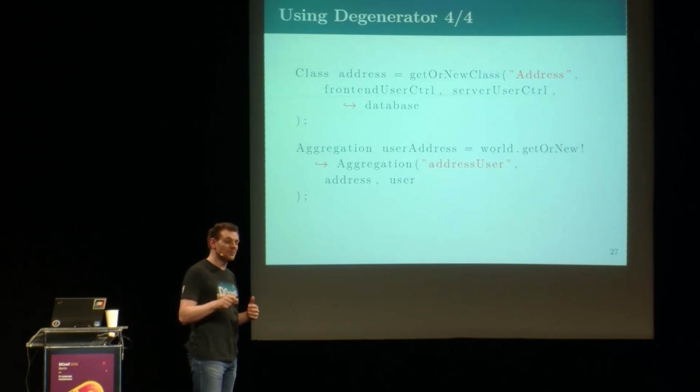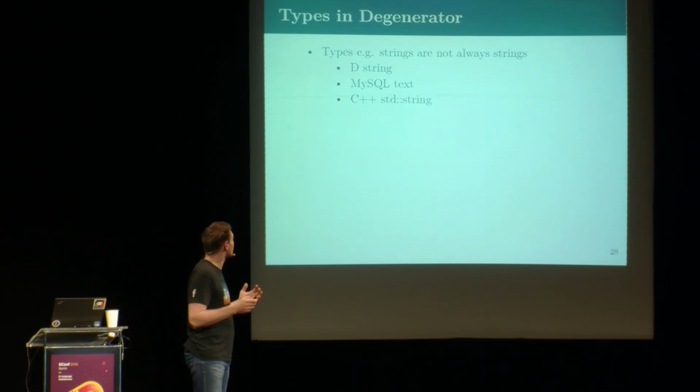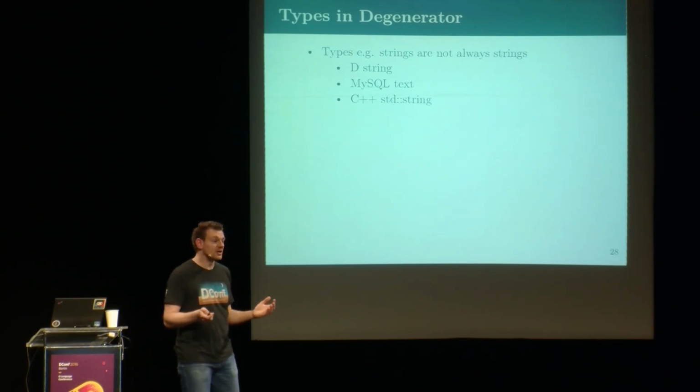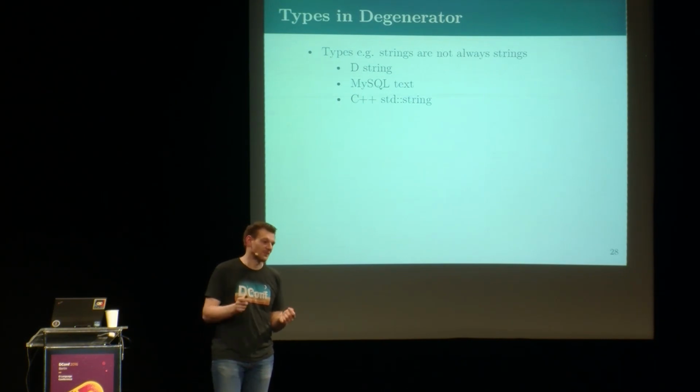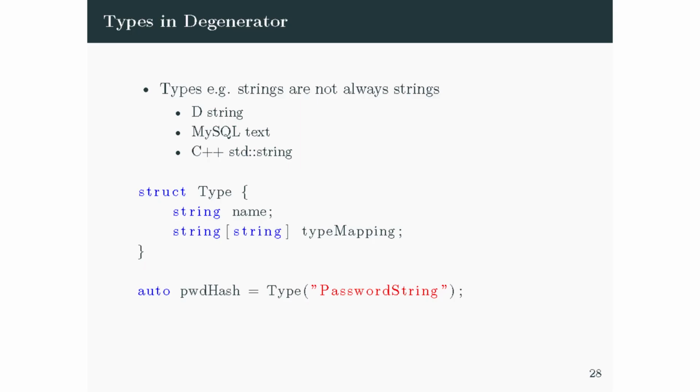But speaking about types real quick, a string is not always a string. So in D, it's called string. In MySQL, it's called text. In C++, it's called std string, hopefully. The solution is really easy. A type is, again, just a name with an associative array from technology to the actual implementation type in the given language.